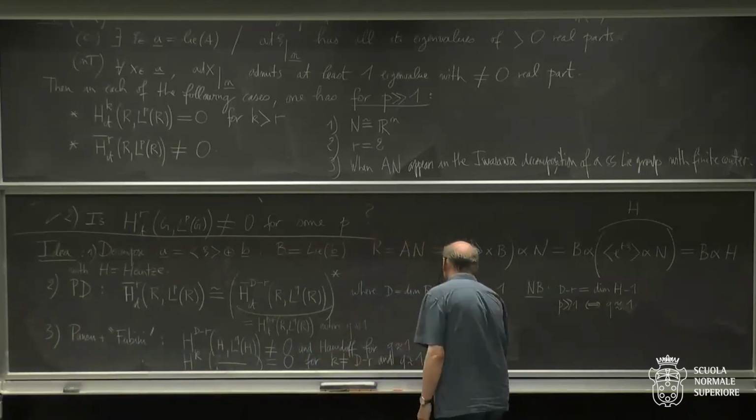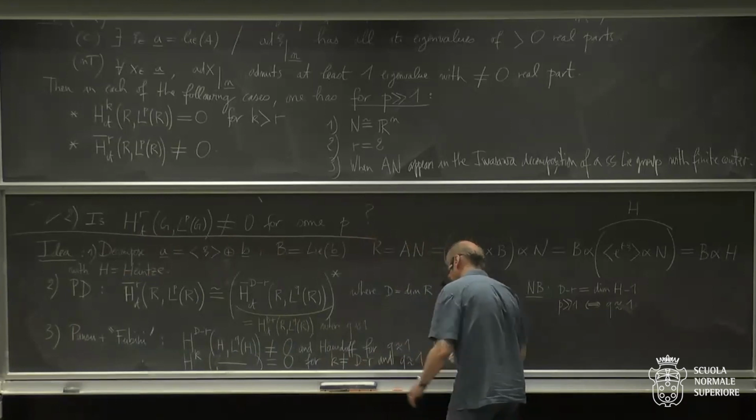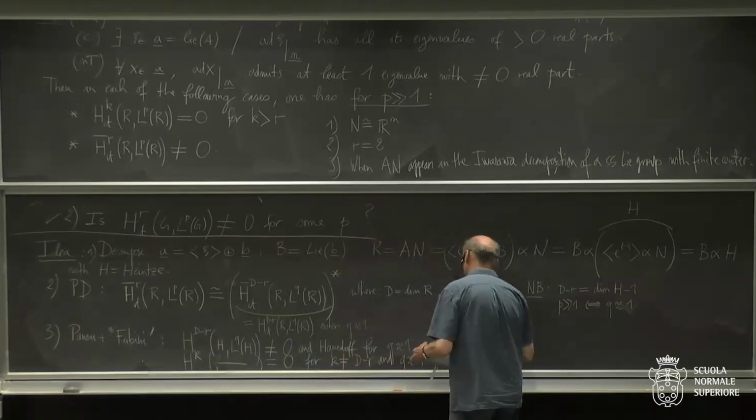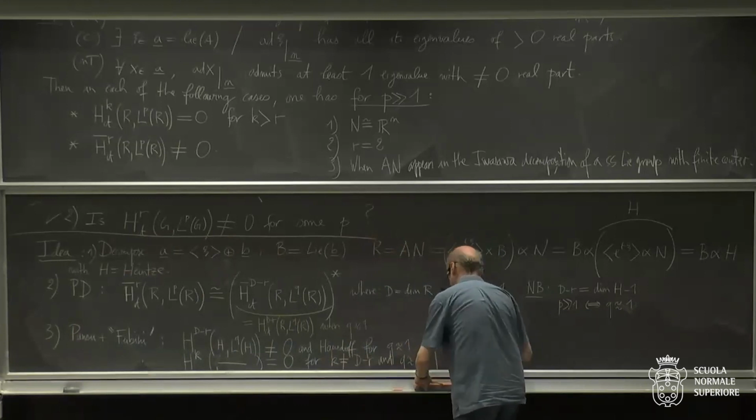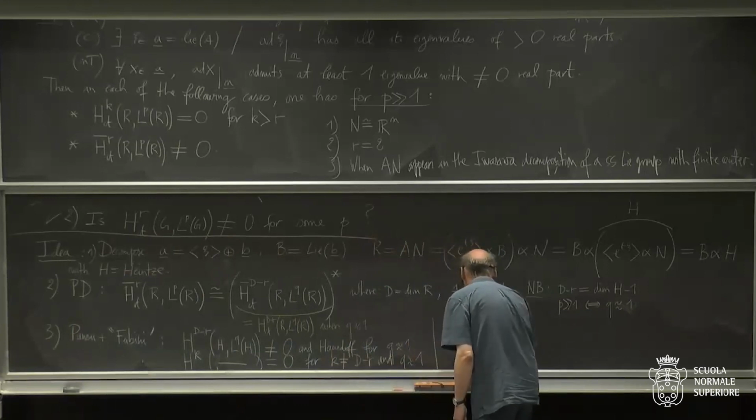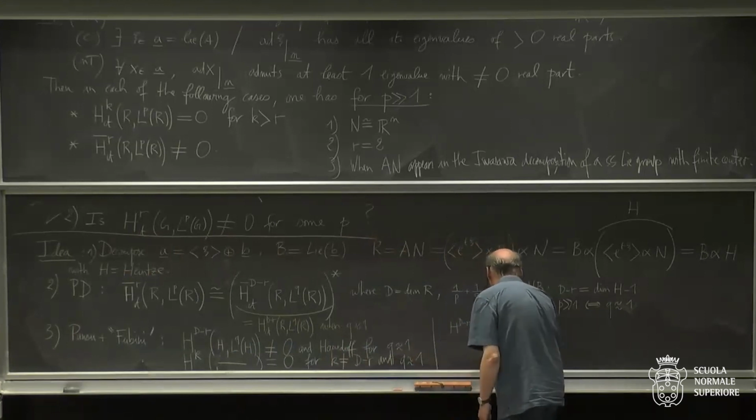That's where Fubini appears. The cohomology in degree, let's say, d minus r, or in every degree in fact, of H with value in Lq of R.